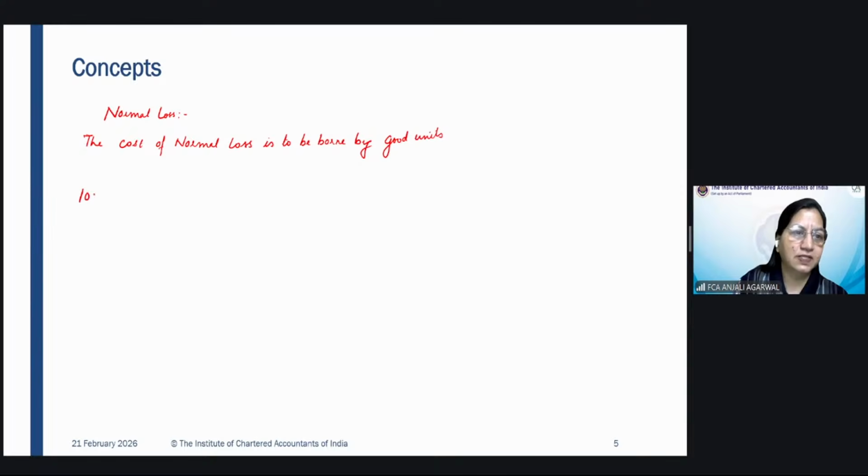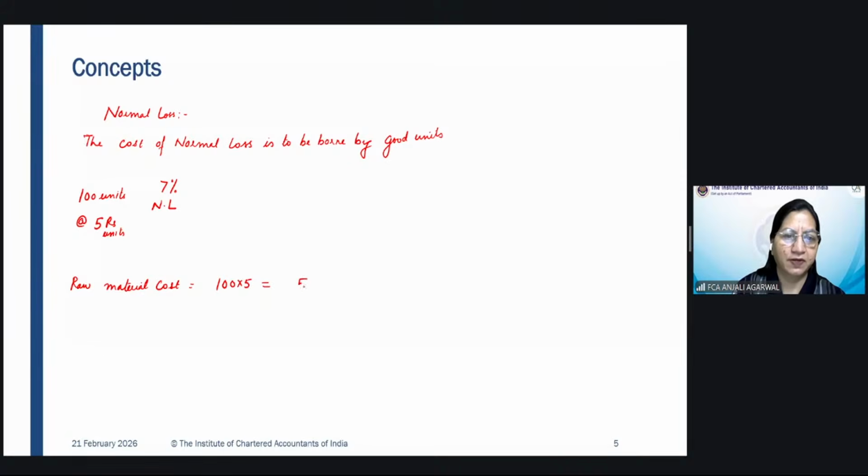So if 100 units are introduced, 7% is normal loss. These 100 units were costing, let's say, at the rate of 5 rupees per unit. So your raw material cost was 100 into 5, 500.